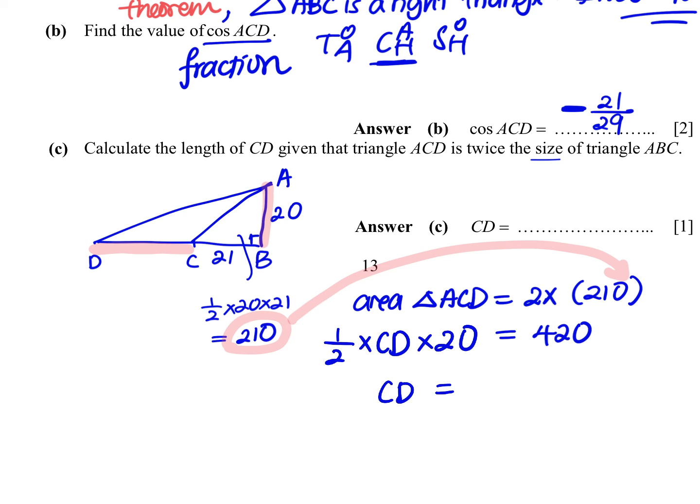Technically 420 divided by half divided by 20. 21? No. 42, right? Check your calculation. Mental calculation. Because it took 420 divided by 20, but there's a half there. Okay?